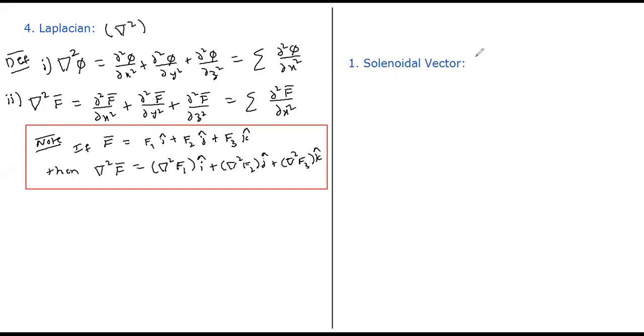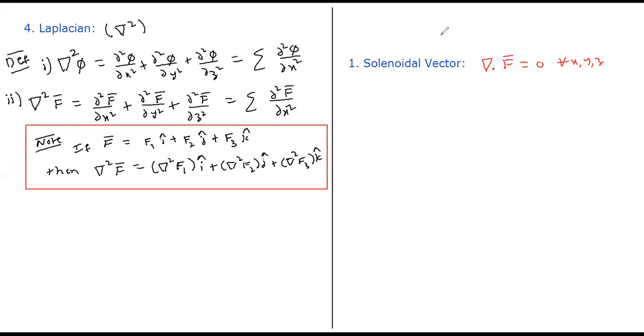If the divergence of a vector function is 0 for all x, y, z, then we say the vector is a solenoidal vector. The divergence is identically equal to 0, it is said to be a solenoidal vector.